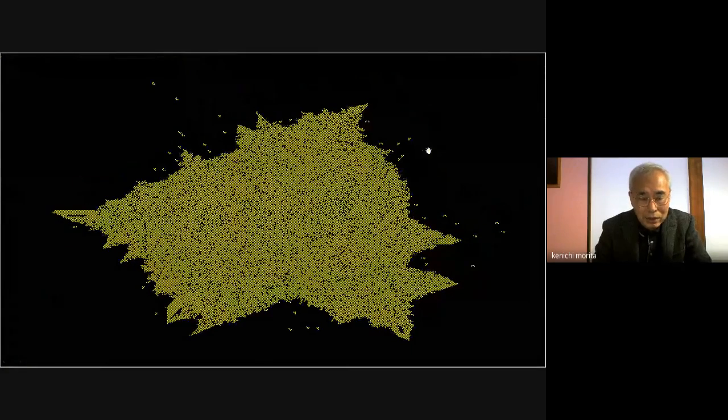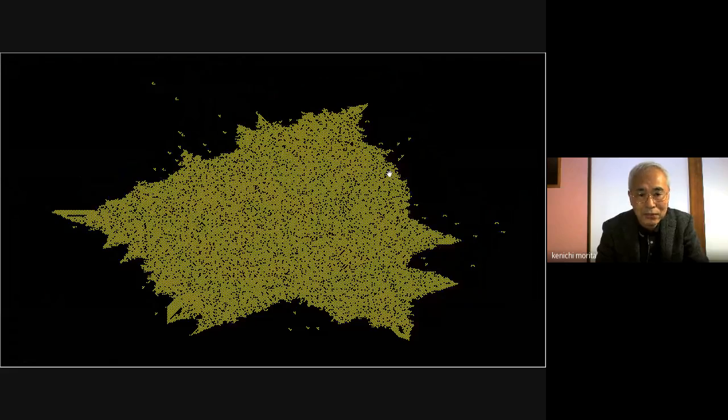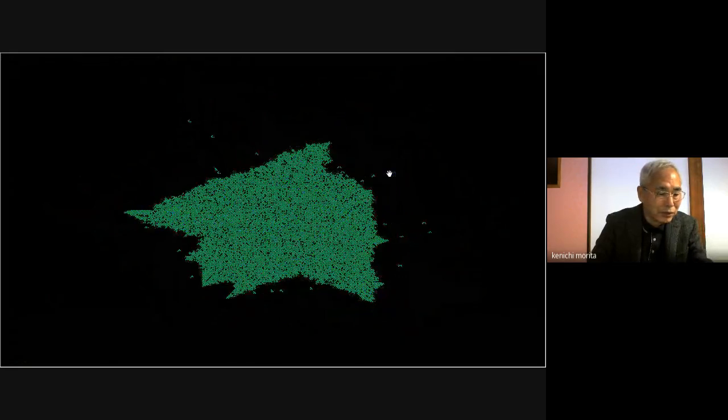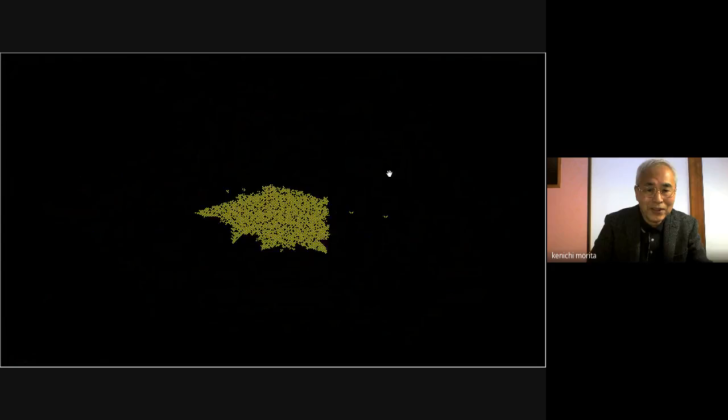But anyway, how do you think this configuration evolves? Okay, it shrinks and shrinks. It is an implosion, and then an explosion occurs.